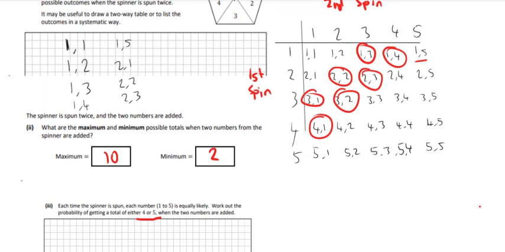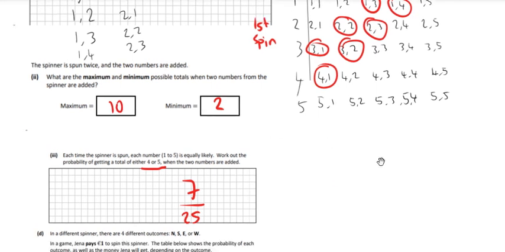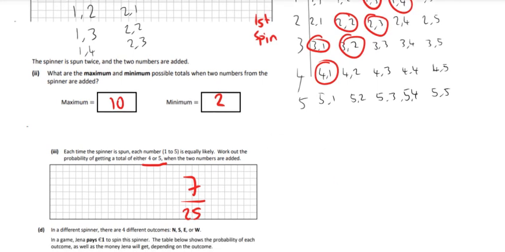This I would get a 6, so we don't circle those. And down here, this one would only give us a 3. So there's 1, 2, 3, 4, 5, 6, 7 where I get either a 4 or a 5, so 7 over the total, which is 25, because there are 25 outcomes altogether. So that's it.